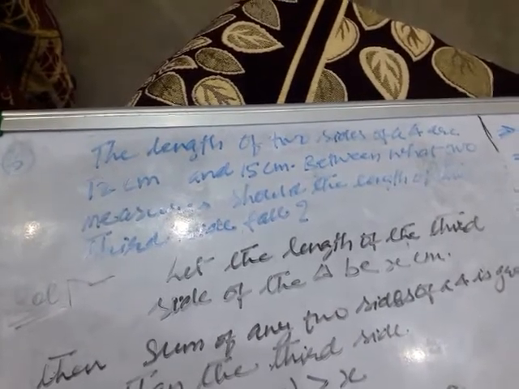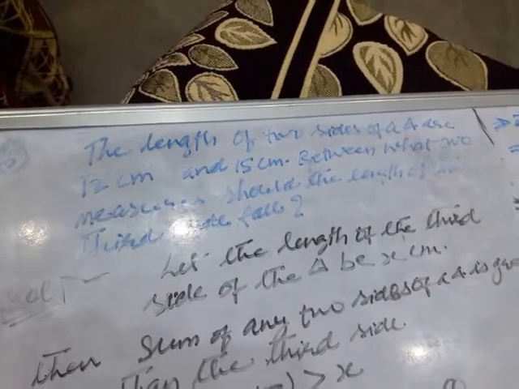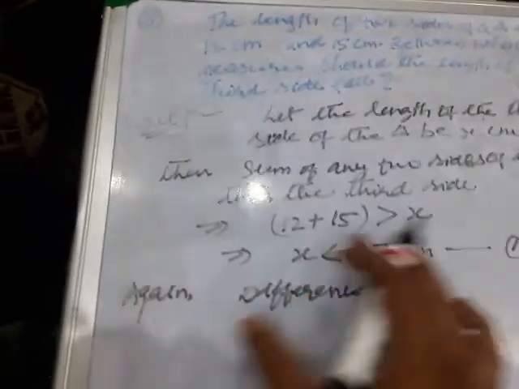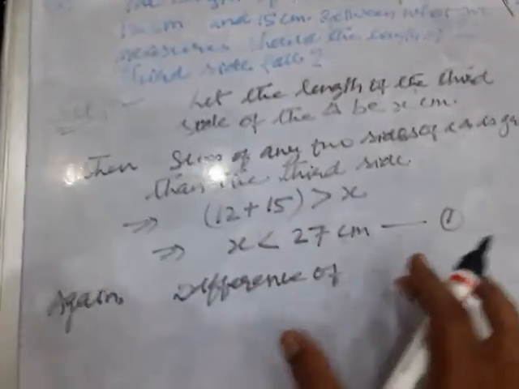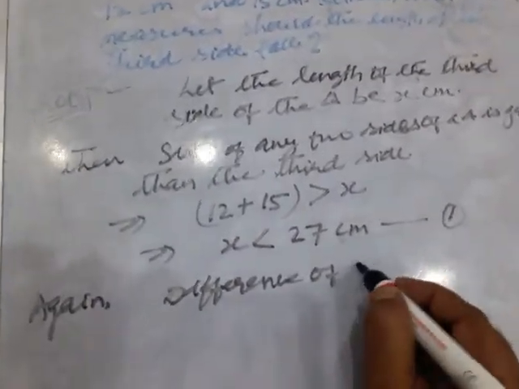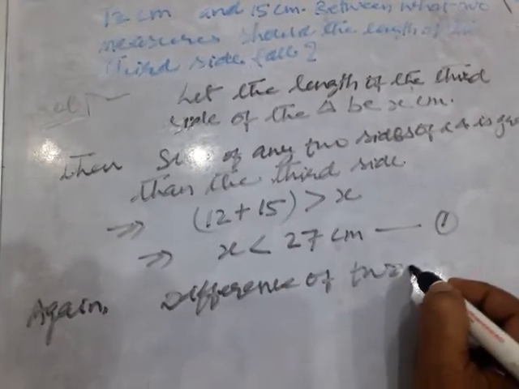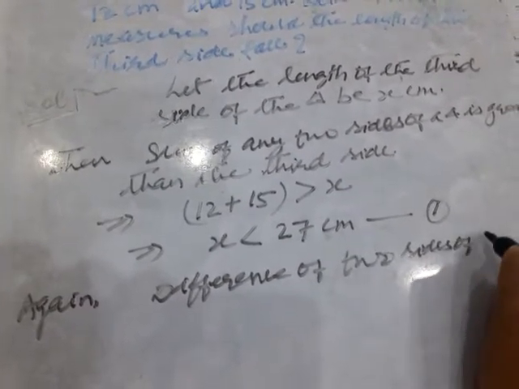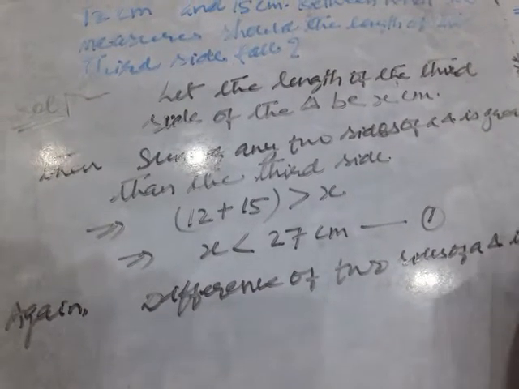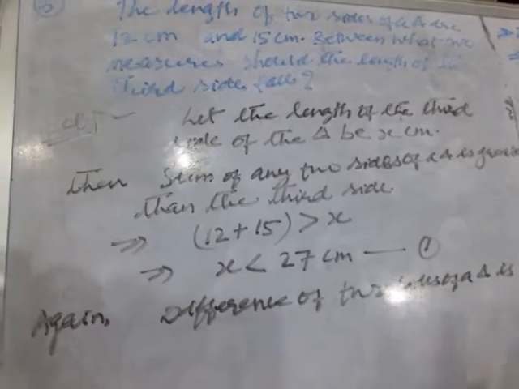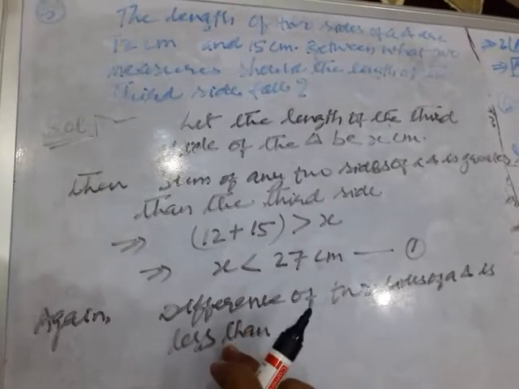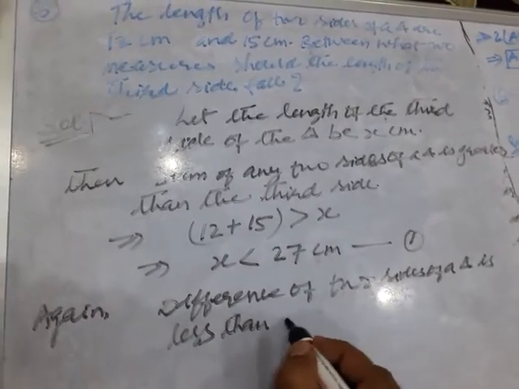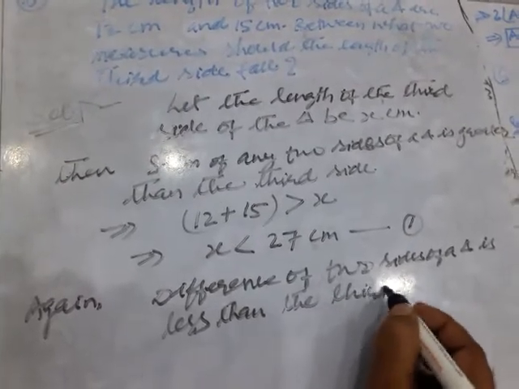The difference of two sides of a triangle is less than the third side.